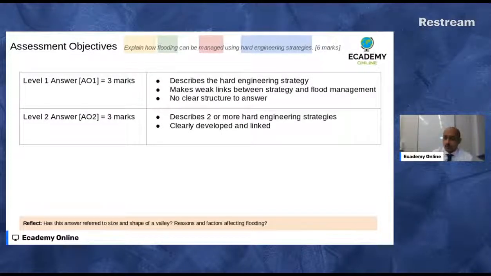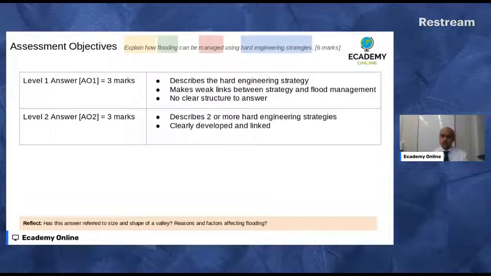Now, to move that up to a level 2, to get the additional 3 marks, you need to talk about 2 strategies in total or more. So you could talk about 3, and you need to clearly develop them and link them to your answer. So there should be a clear structure, obviously, with this second part.